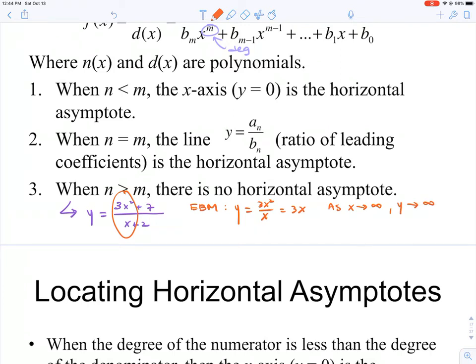It's a line with a positive slope. And as x approaches negative infinity, y would approach negative infinity. Okay, so because the y values are not approaching a number, there is no horizontal asymptote. There would actually be, in this case, the other type of end behavior asymptote that we're going to talk about, a slant asymptote, but there's no horizontal asymptote.